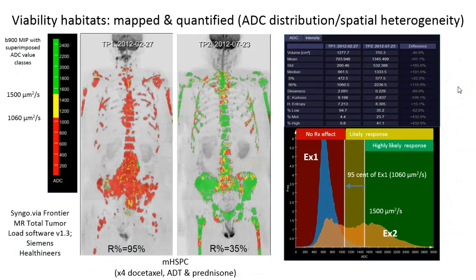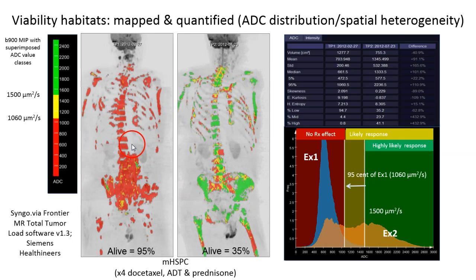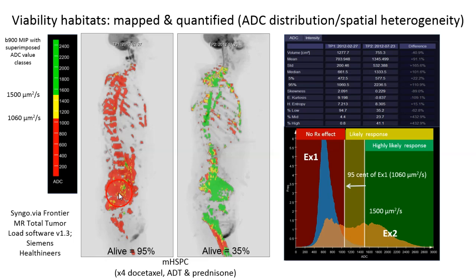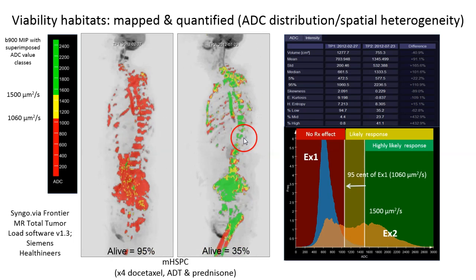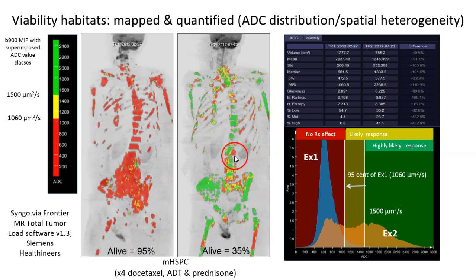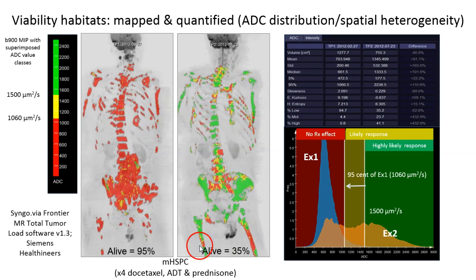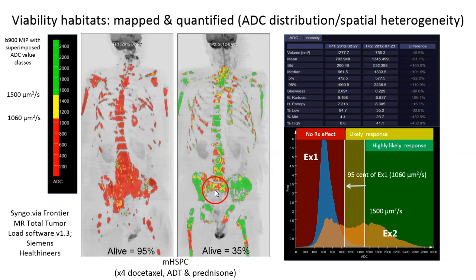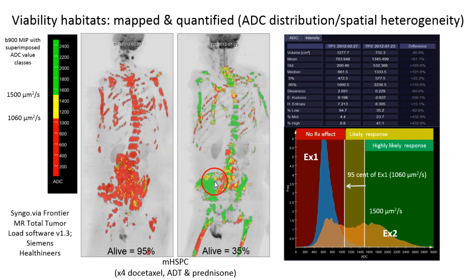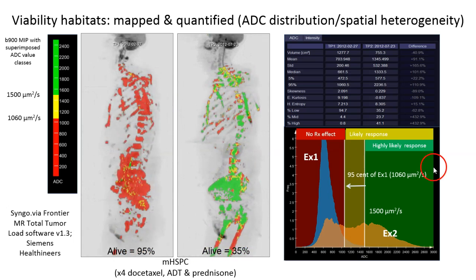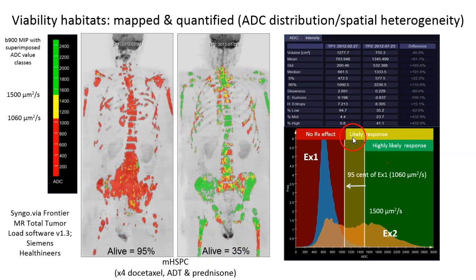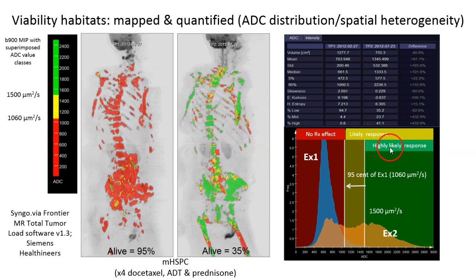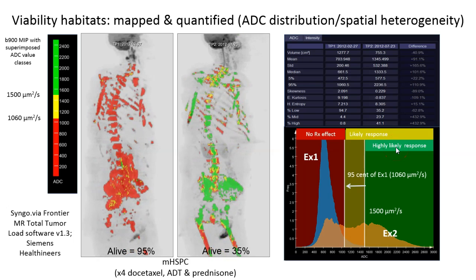And if we just magnify this, we can identify that in this particular man, before treatment, all the cells are red, and after treatment, you can see these residual red areas where there's no treatment effect. The green areas represent ADC values greater than 1500, and the yellow areas are in between. So no treatment effect, likely to be responding, and highly likely to be responding.